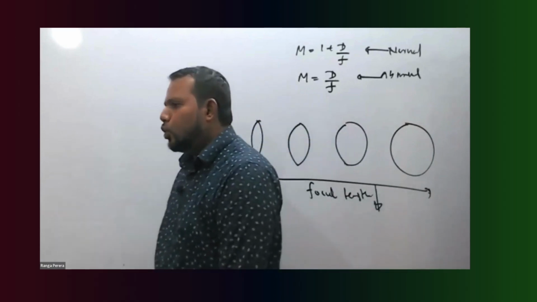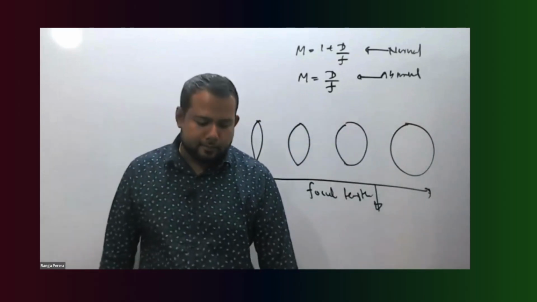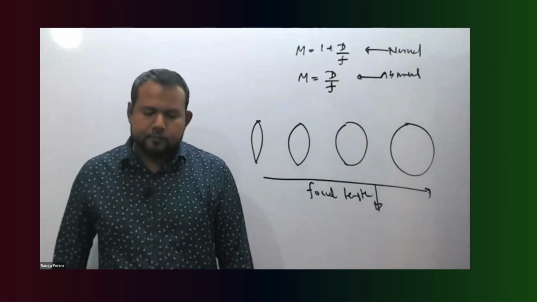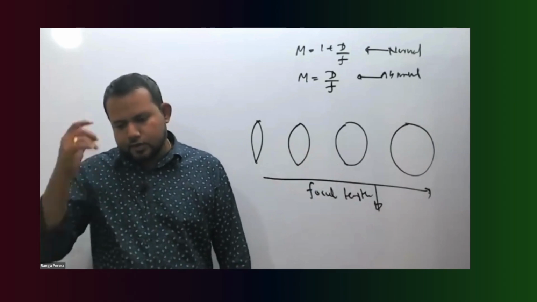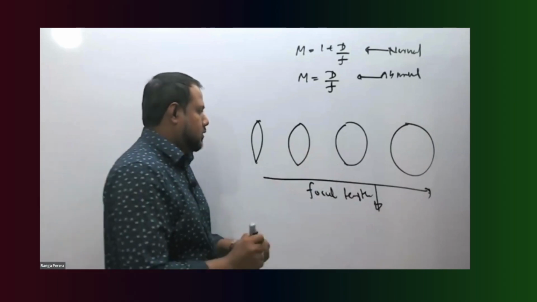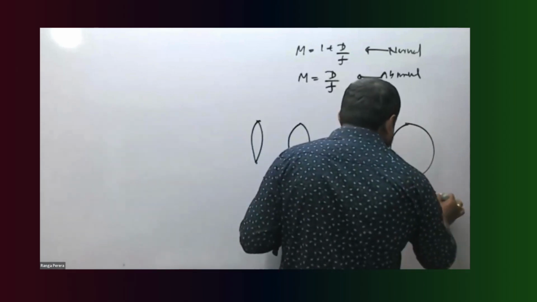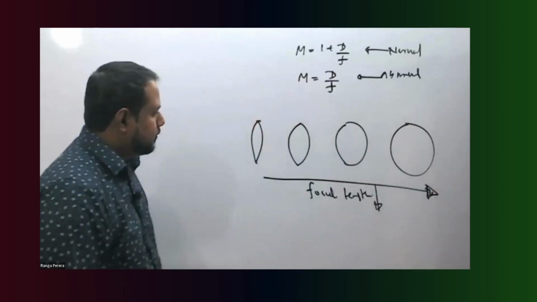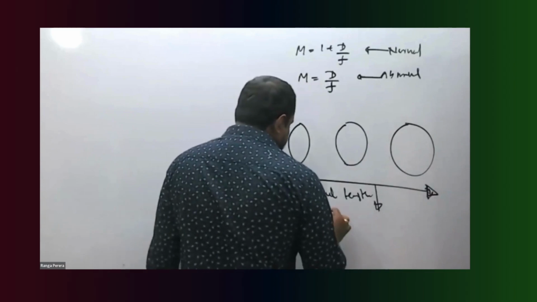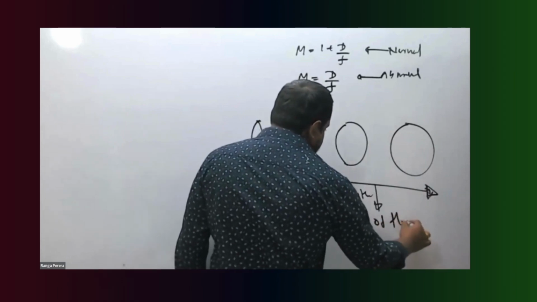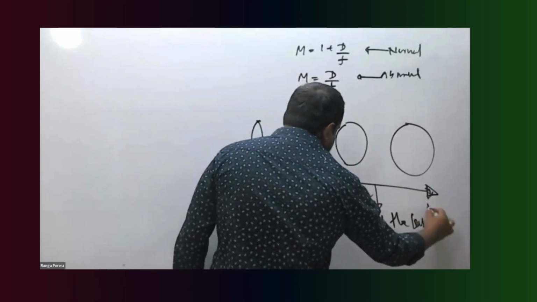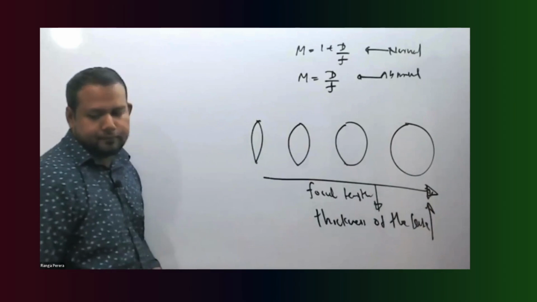Focal length reduces, thickness of the lens increases.